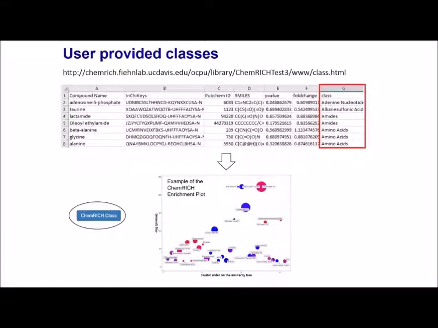In that case, you can update the class information using the ChemRICH class tool, which takes input of chemical classes by the user. The file format is exactly the same, but you have an additional column class where you can define your own classes, and then ChemRICH will calculate the p-values for that class and create this impact plot and organize these classes by lipophilicity and p-value.